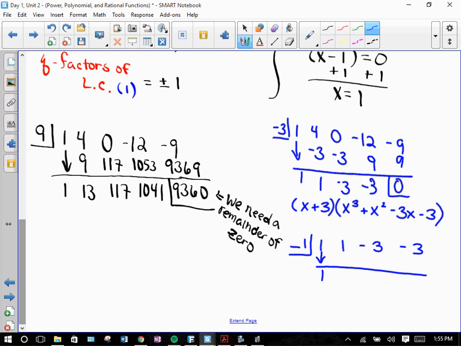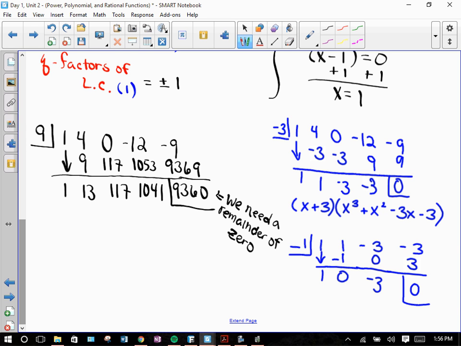I bring the 1 down. -1 times 1 is -1. 1 plus -1 is 0. -1 times 0 is 0. -3 plus 0 is -3. -1 times -3 is 3. -3 plus 3 is 0. So, x equals -1 is a 0.